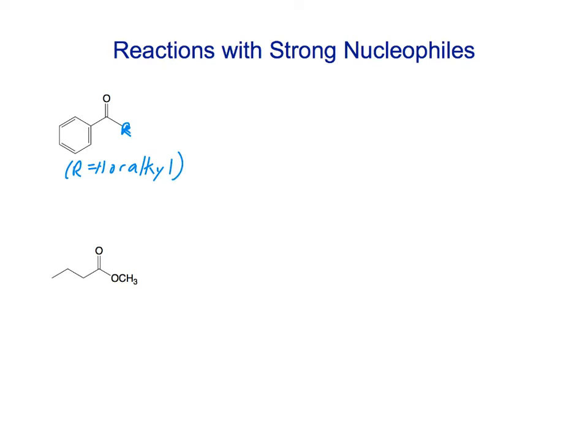All right, so let's think about the different reactions we could do. We could react this with hydride. Let's just use sodium borohydride, and this is usually done in an alcohol like methanol. What do we get when we react an aldehyde or ketone with hydride?